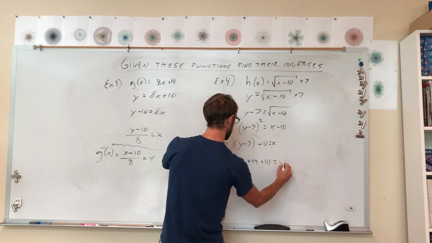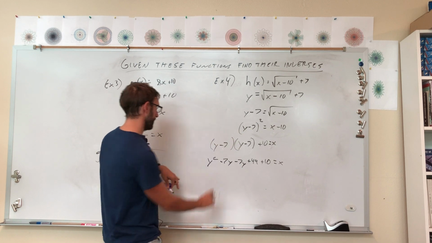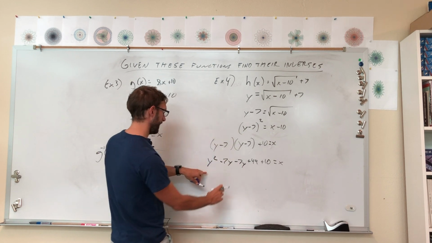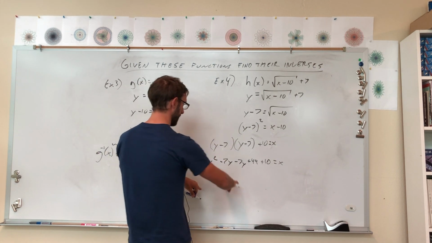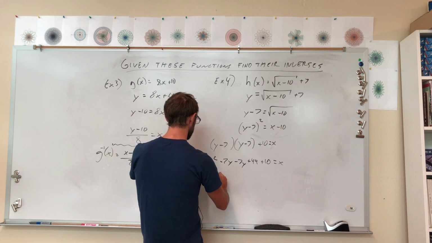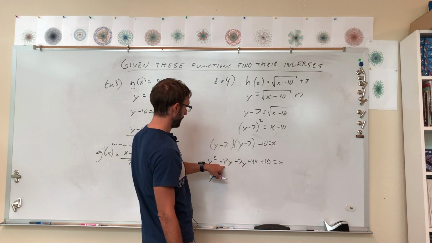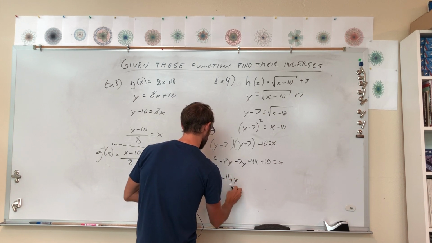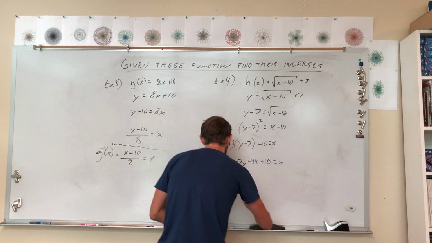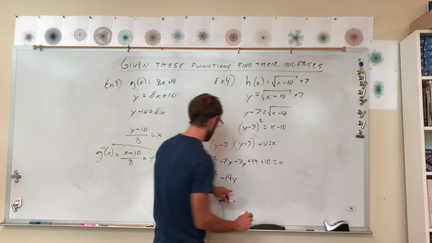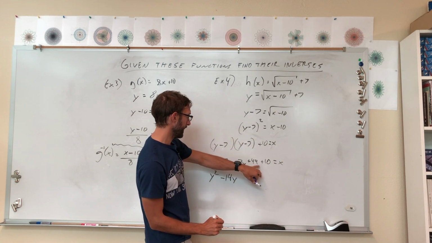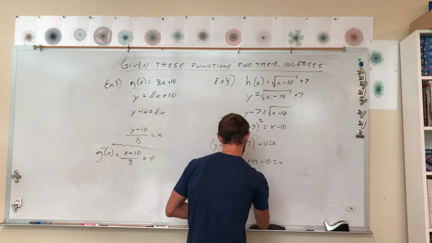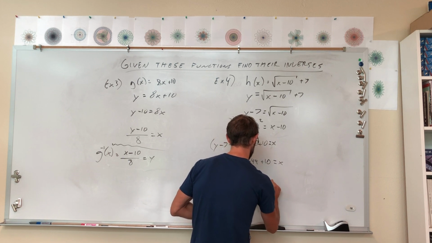Plus 10 is x. All right. Then let's start combining things. There's no other y squared, so it stays. This is negative 14y. And then here we have 49 and 10 is 59 is x.